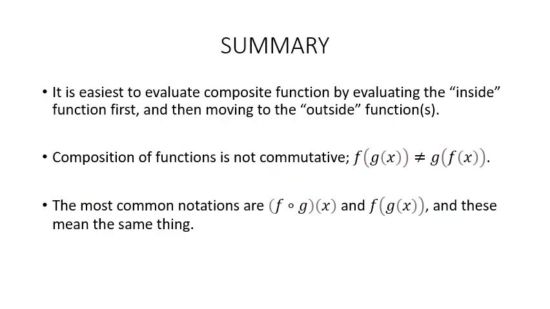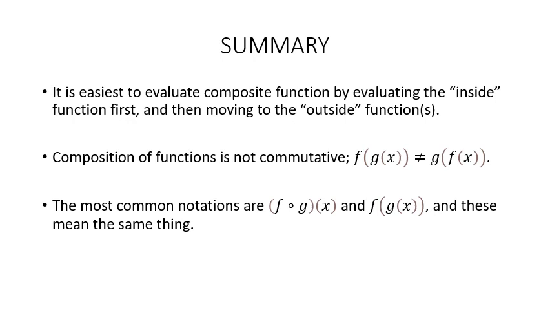In summary, evaluating composite functions is the same as evaluating any other type of function using function notation, and it's usually easiest to evaluate them by evaluating the inside function first, or the furthest right function, and then taking that new value and moving it to the outside function.